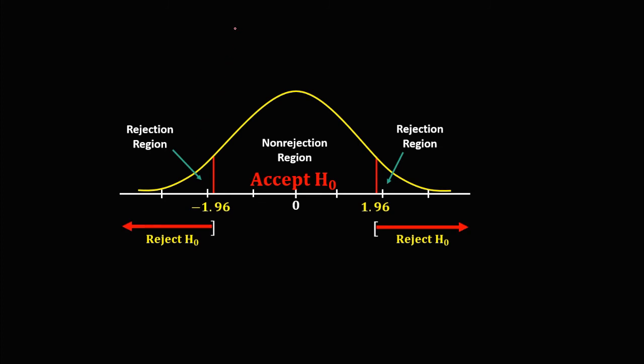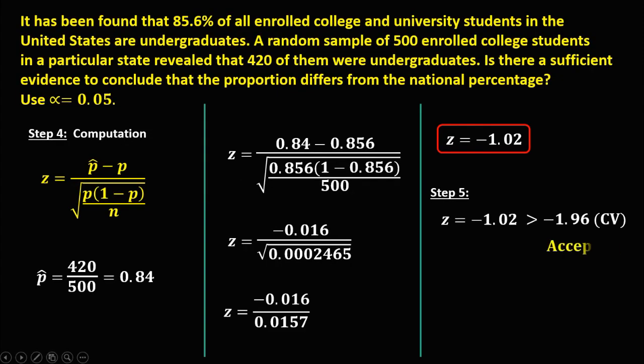Now since our computed z value is negative 1.02, and this belongs to this area, therefore we accept the null hypothesis.